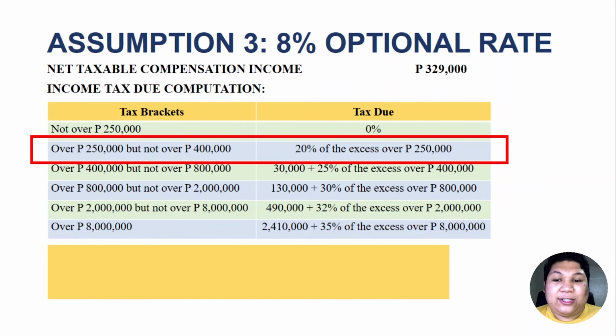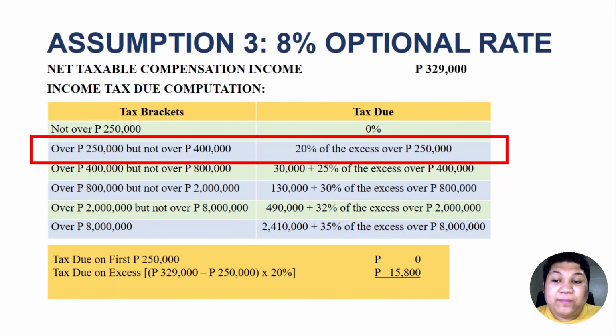So our tax due is, for the first 250, it's exempted, it's 0, and the tax due on the excess, that is 329,000 minus 250,000 pesos times 20%, and the tax due here is 15,800.